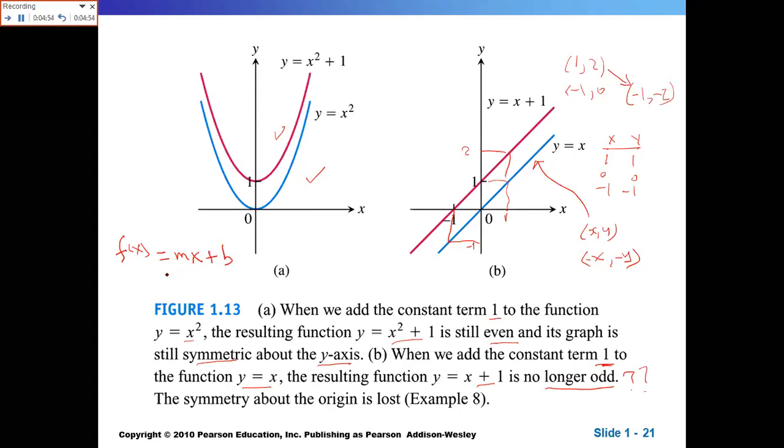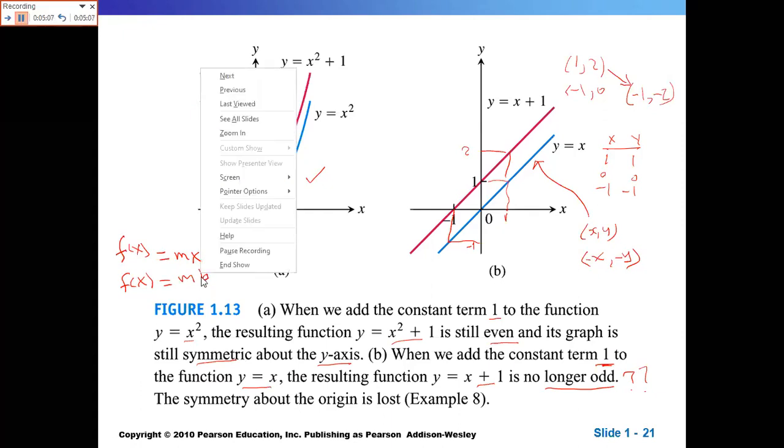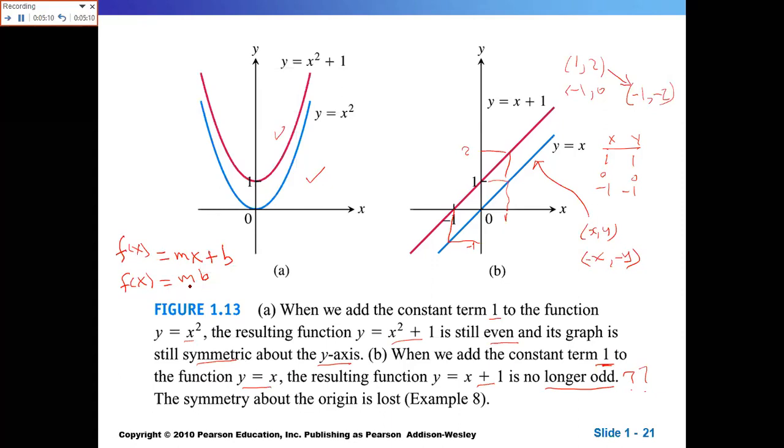That's the general, right? Yes. This is a general equation for a straight line. Okay, we said f of x equals, let's say, mx, sorry. F of x equal to mx.